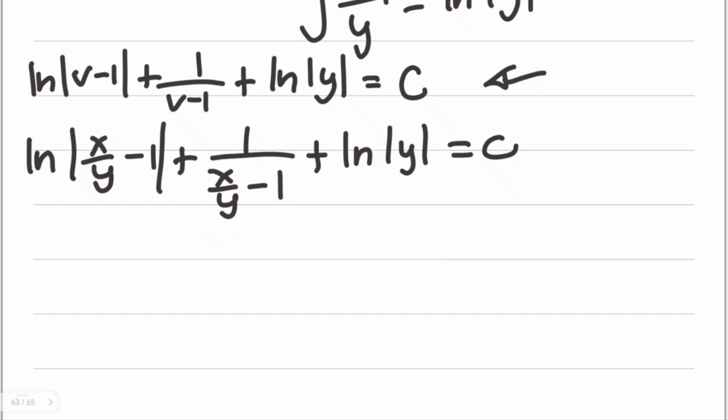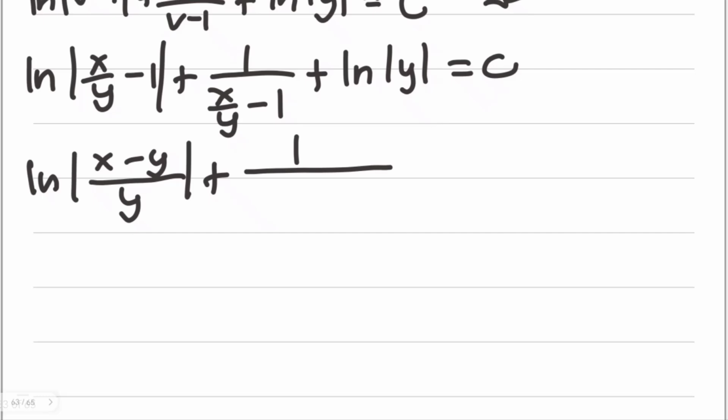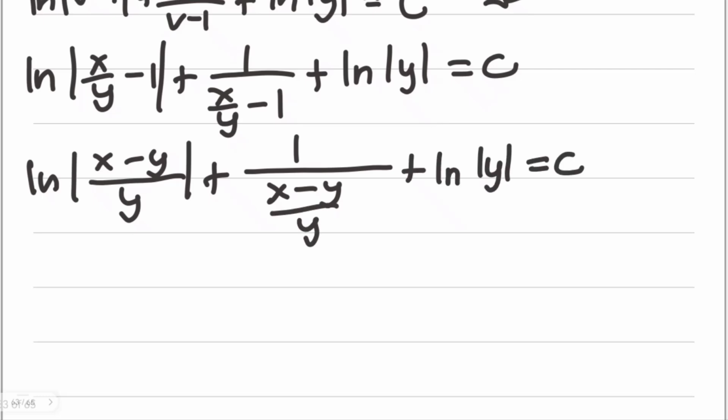You can combine like this. You will have LCD of y, so x minus y here, plus here as well. So this is on nested rational expressions. You have x minus y over y plus the natural logarithm of y is equal to c.